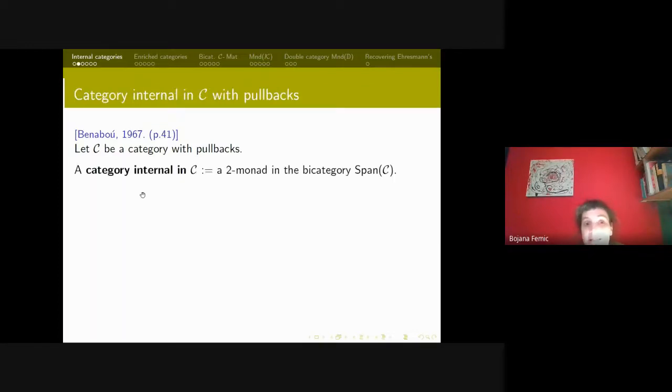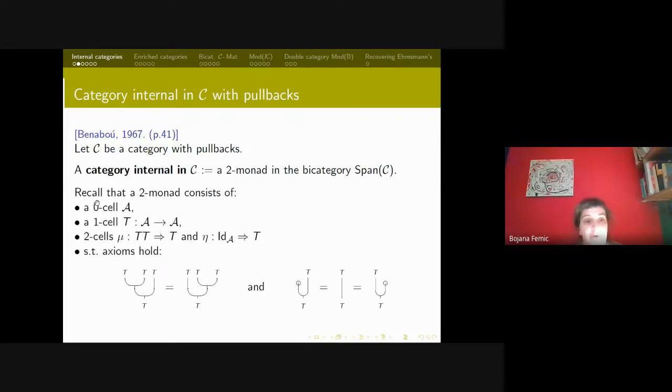And now a category internal in C, where C has pullbacks, is defined to be a monad in the bicategory of spans. So now let us translate what this means.